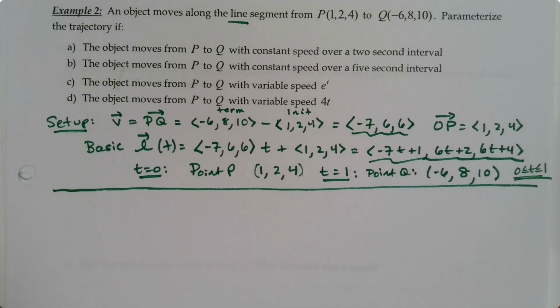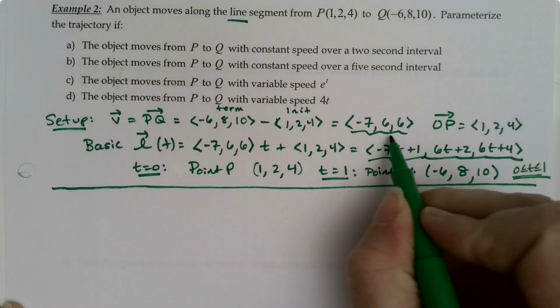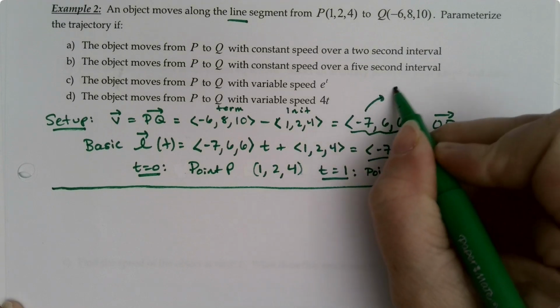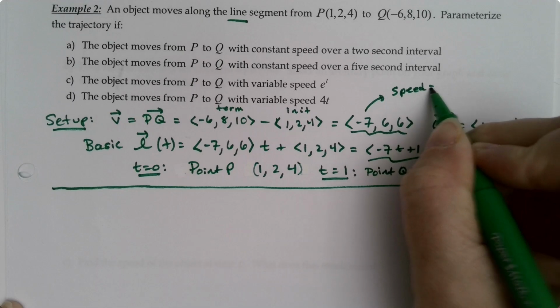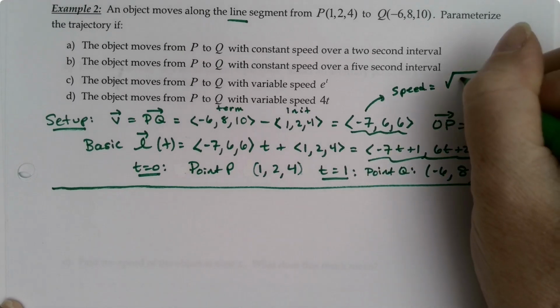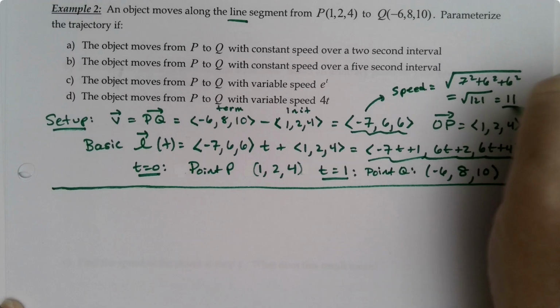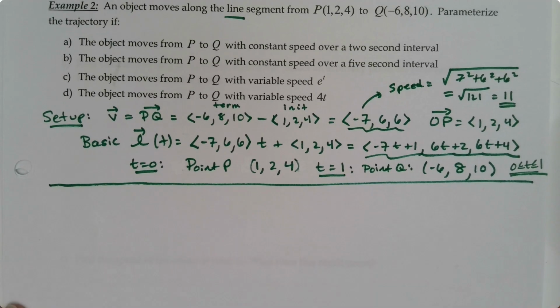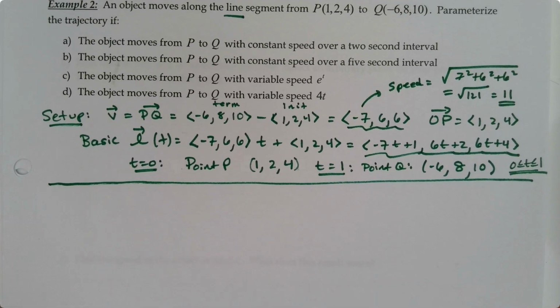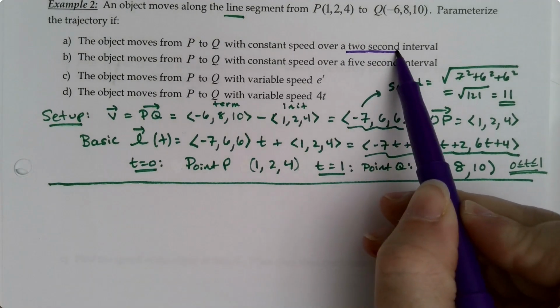Actually, we're going to need this later anyway, so let's tuck it in right here. We'll note the speed is the square root of 7 squared plus 6 squared plus 6 squared, which is the square root of 121, which is 11. That's a constant. Great.